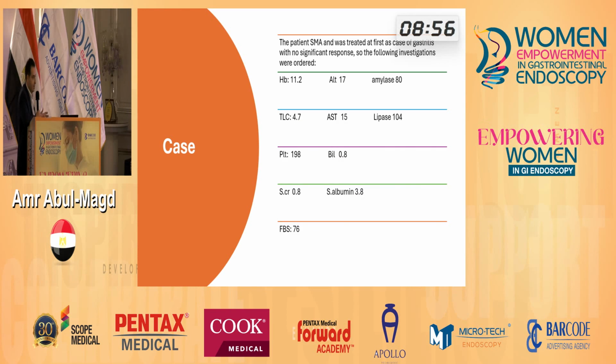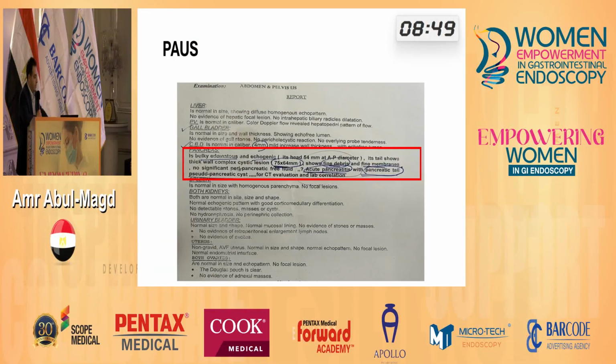His labs were within normal except slightly elevated amylase and lipase. Abdominal and pelvic ultrasound showed this patient has a bulky edematous pancreas with pseudo-pancreatic cyst with evidence of acute pancreatitis. So we have a symptomatic patient with proof that he has acute pancreatitis.